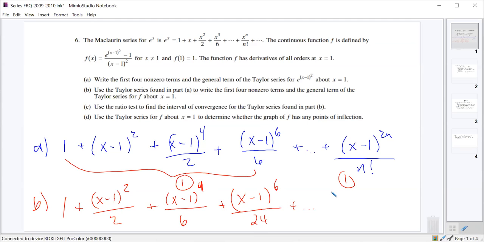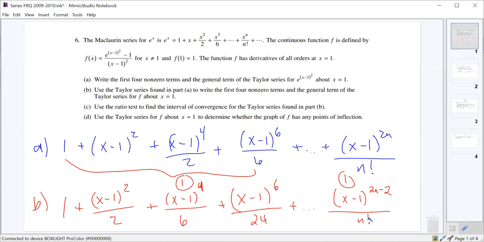And then what's our final thing here? X minus 1 to the, not to the n. Should be x minus 1 to the 2n minus 2 over n factorial, right?